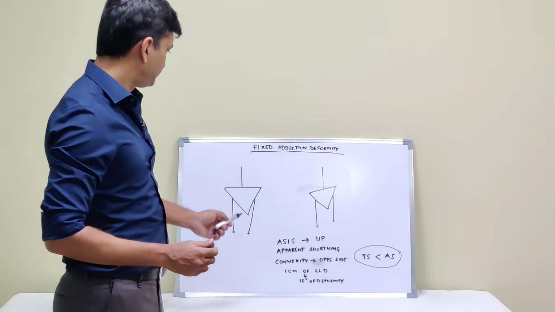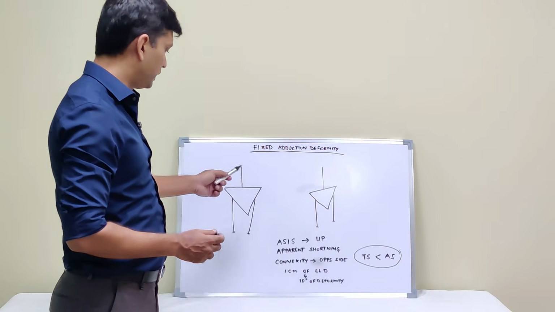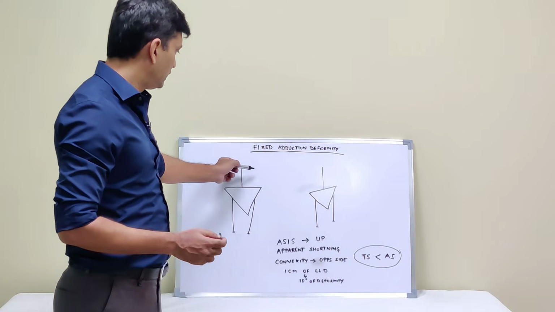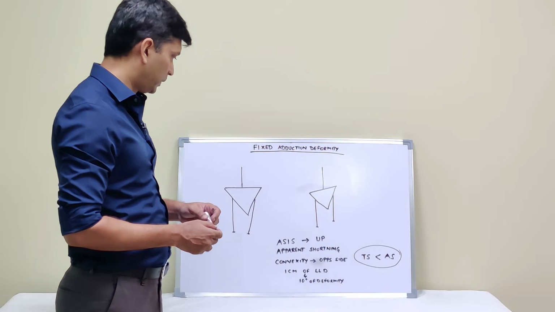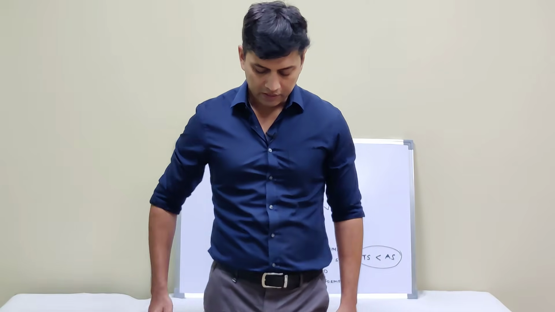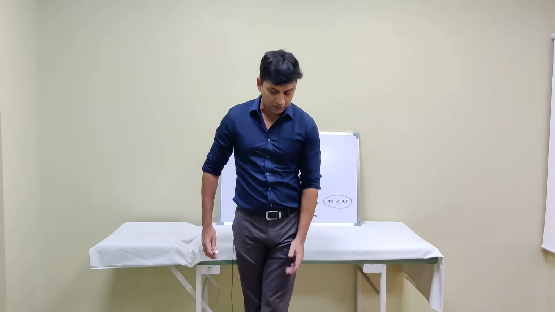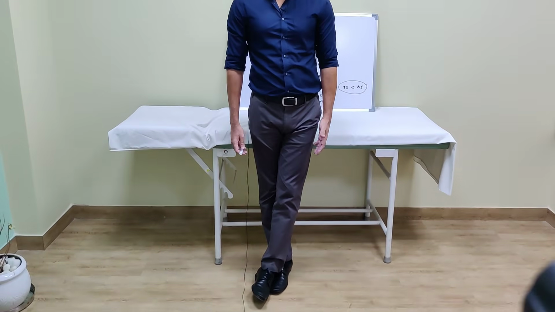Now again, I have reproduced this deformity, adduction deformity, in this diagram. So we will presume that left side has got an adduction deformity. Now again, if I have an adduction deformity like this, say for example 20-30 degrees, there is no way I will be able to walk like this.